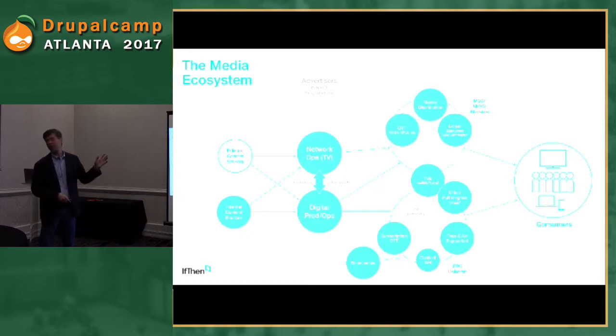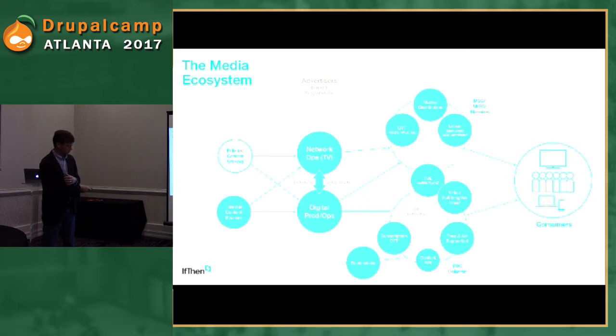So they have to feed all those different entities over there, and they consume content in different ways. Some of them consume it as linear networks, some of them consume it as video on demand, and some of them sell it as part of bigger packages, some of them the a la carte packages.